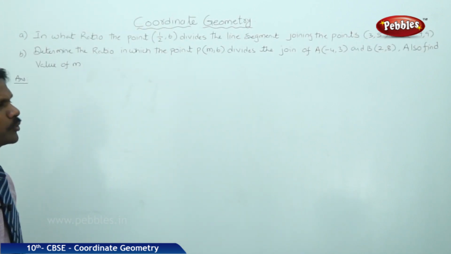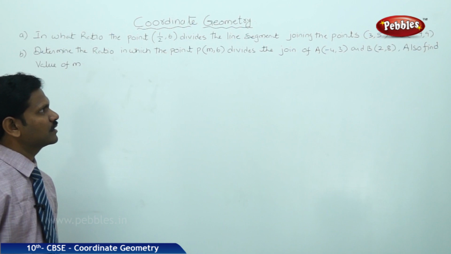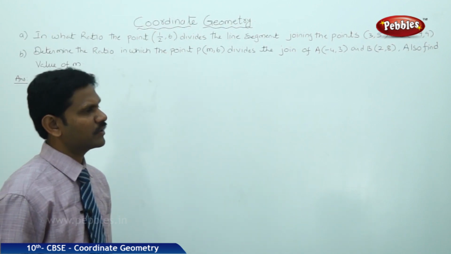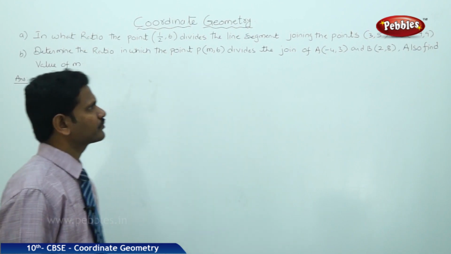In what ratio the point (1/2, 6) divides the line segment joining the points (3, 5) and (-7, 9).